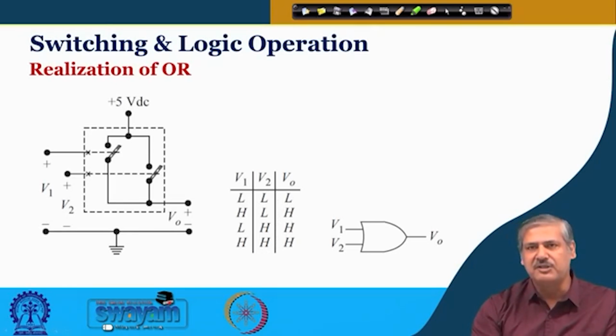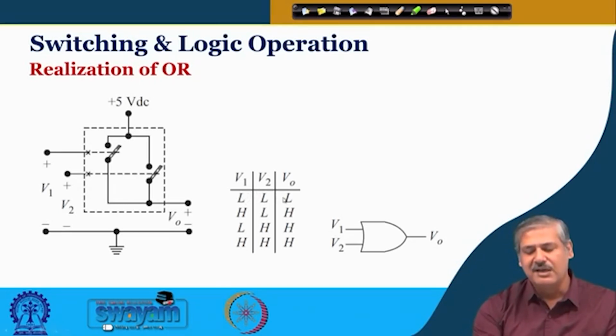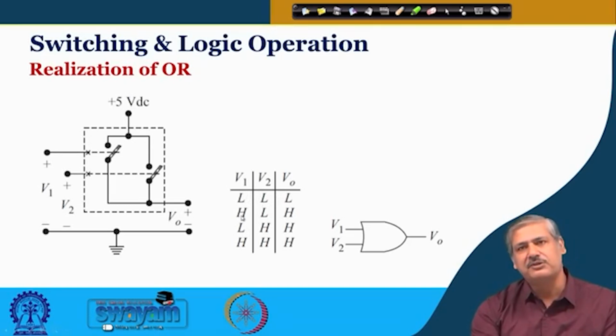This is also called a truth table when you are presenting in terms of low, high or true and false. So, false is associated with L, logic low, and H is associated with true. So, then it becomes a truth table.